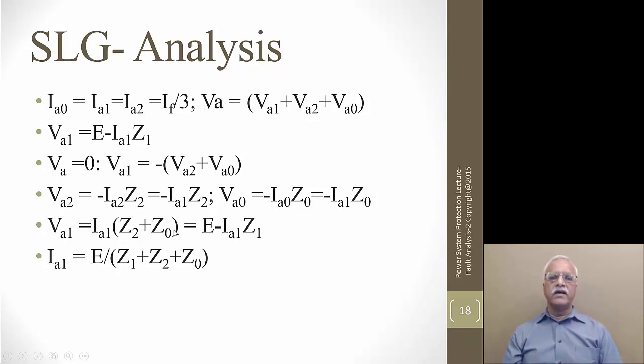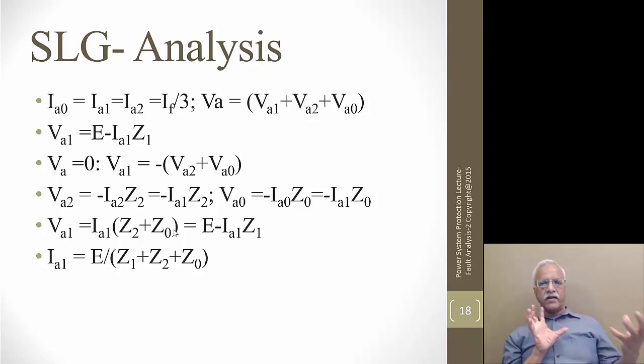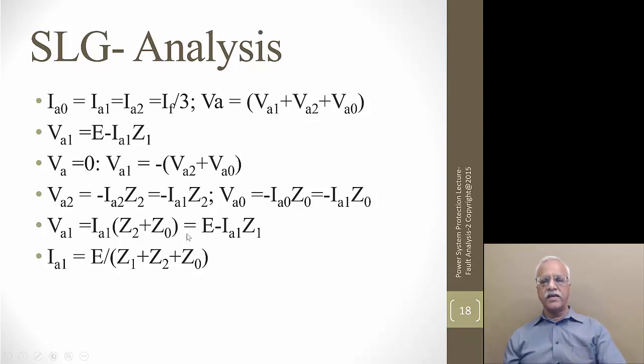What is VA1? If you take an equivalent of the system from the fault point, looking towards the system, you can represent the whole system with an equivalent voltage source and an equivalent impedance, in positive sequence, E minus IA1 Z1. I've represented it like that. E is the equivalent voltage source from the Thevenin system looking from the fault point.